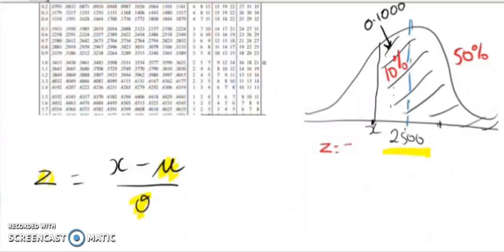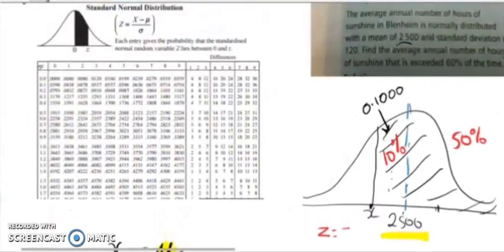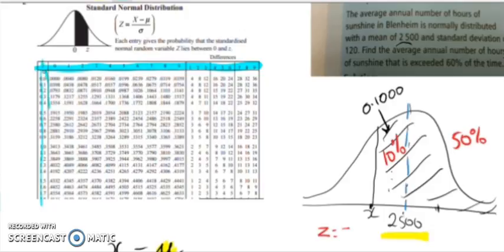So I look at the table and I'm very careful because these are z-scores down here, and these are probabilities. Okay, so I'm looking for a probability of 0.100. Now I'm getting pretty close here. This one has overshot the mark. It's too big. So we're going to look at this one here.